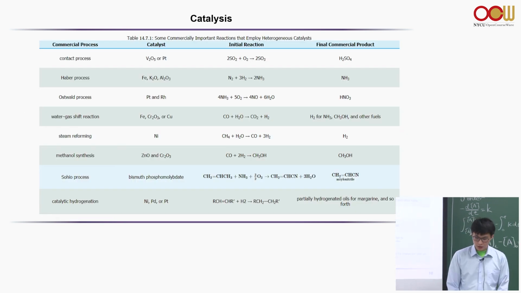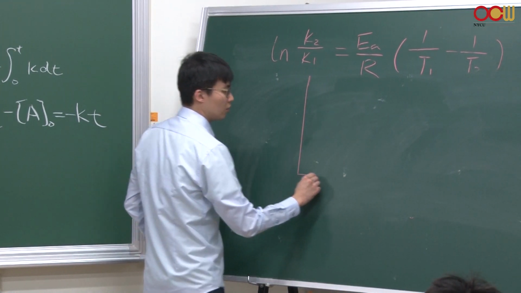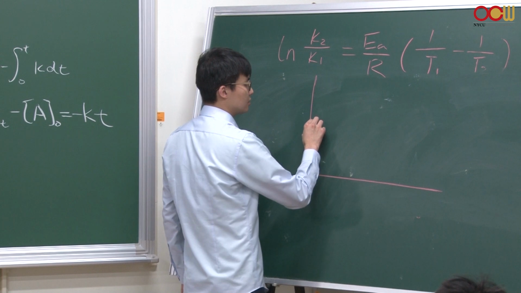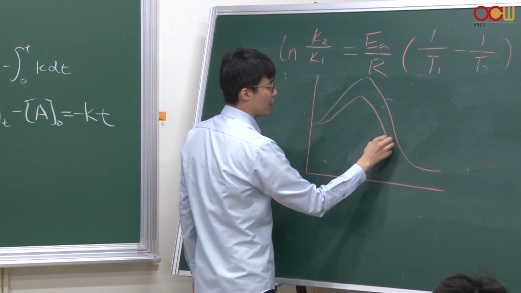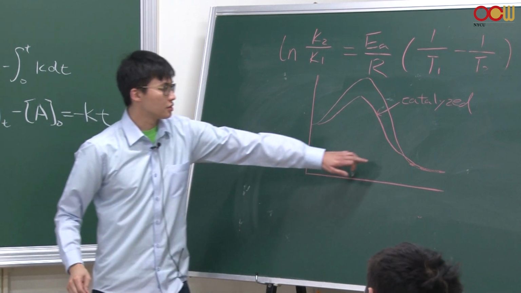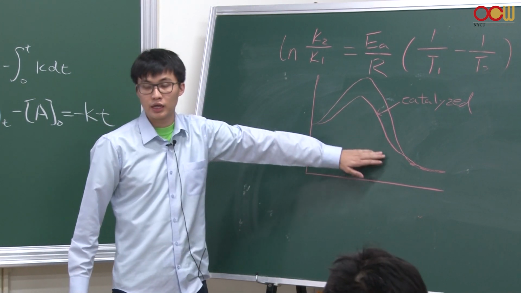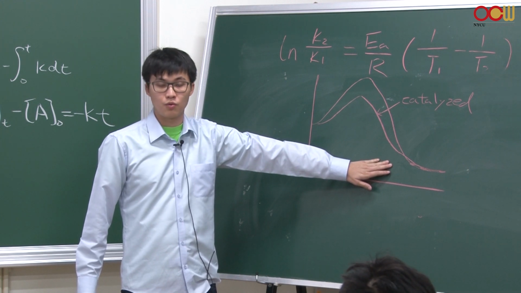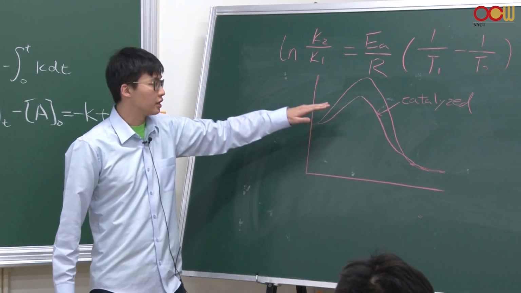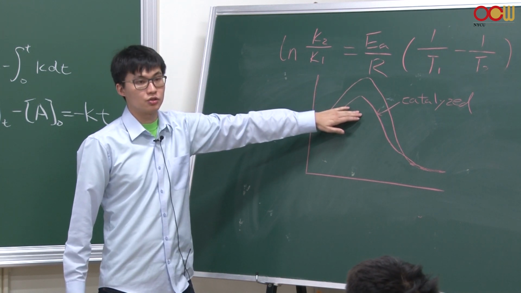So next we'll talk about catalysis. Most of you already know catalysis can lower the activation energy. However, you have to recognize that this is a terrible drawing here. In a catalytic reaction, the heat of product formation would not change. It only changes your activation energy, okay?